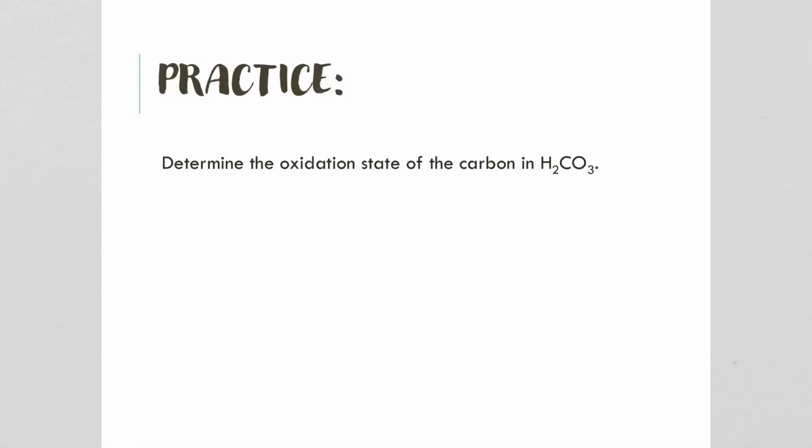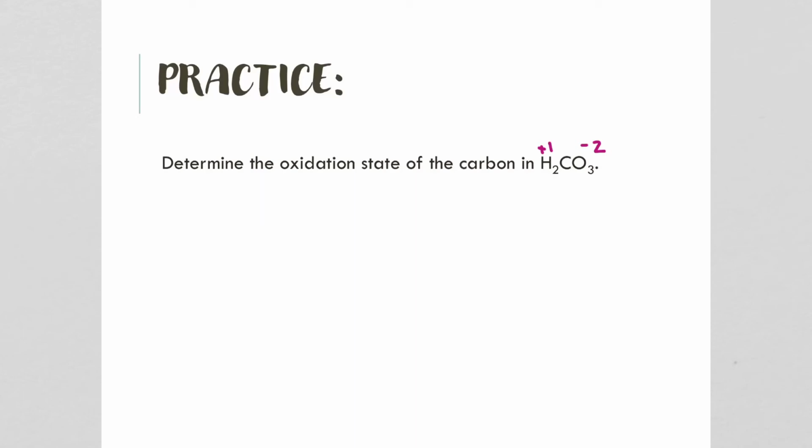So in our example, we're being asked to determine the oxidation state of the carbon in hydrogen carbonate. So in this example, remember some of the rules. The oxidation state of hydrogen is +1 in compounds, and the oxidation state of oxygen in compounds is -2, except for in peroxide, but this is not a peroxide.